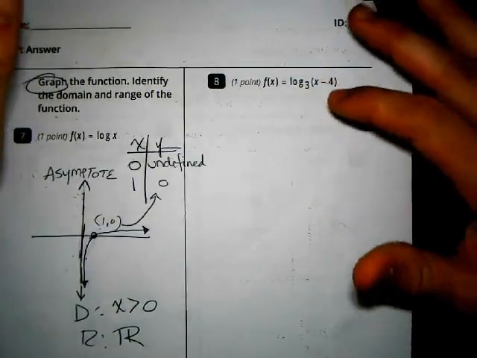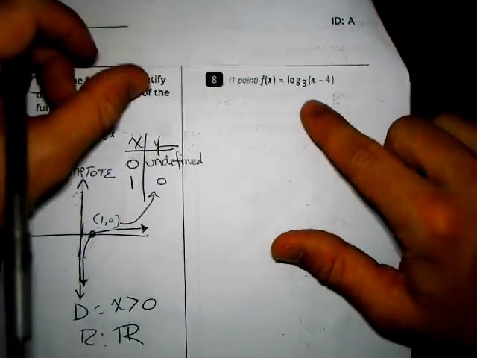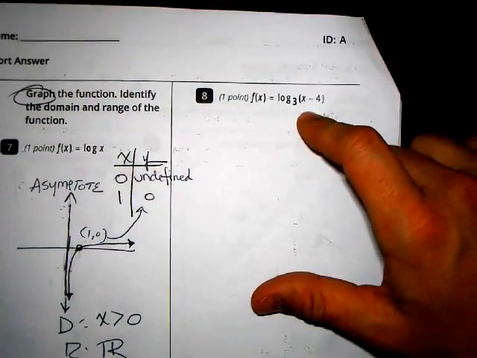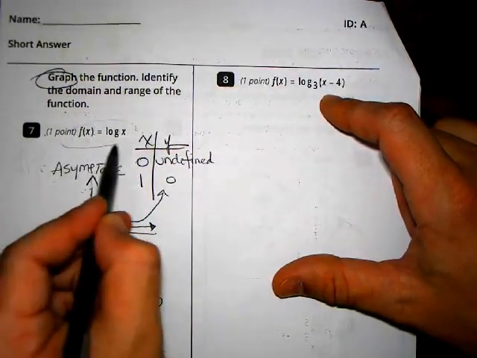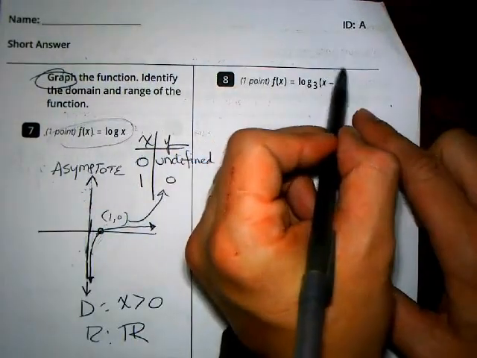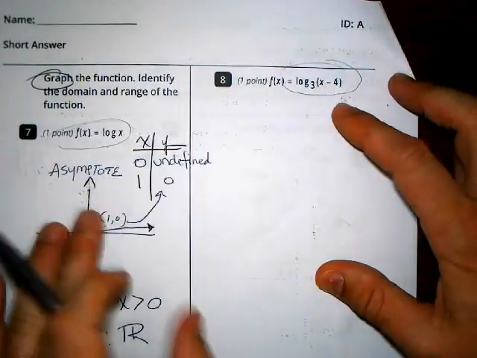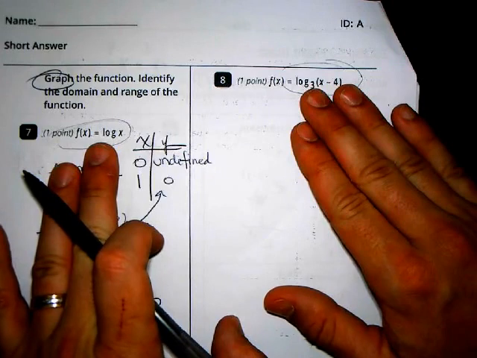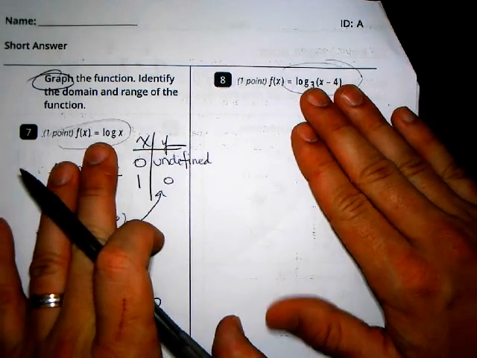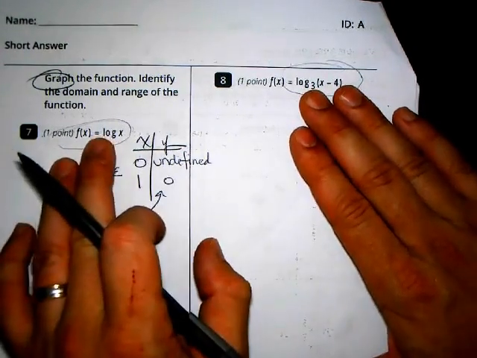Before you even get started, though, what kind of translation is this? Here's the parent function, right here. Here is the new function. What kind of translation has happened here? All right. Yari, help us out.